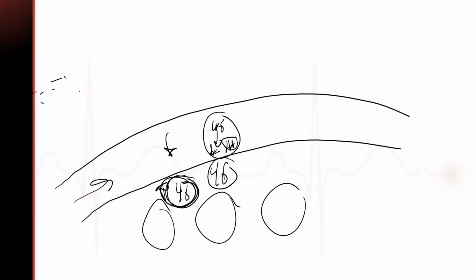It continuously reestablishes the gradient between the interstitial fluid and the blood plasma so that more and more and more and more carbon dioxide can just keep coming into the bloodstream because it's actually being carried mostly as something else in the bloodstream.